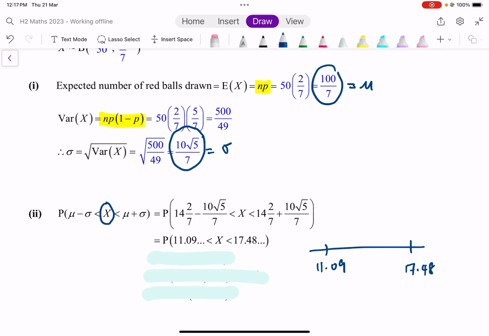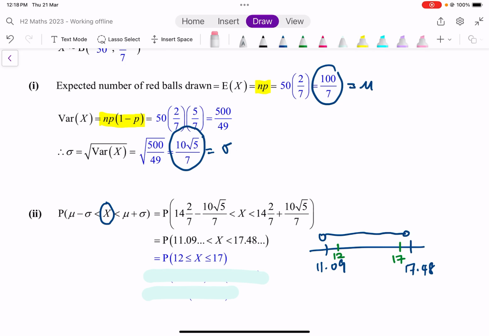If I'm between here and here, what will be the whole numbers that satisfy this interval? It has to be a whole number slightly bigger than 11.09, and a whole number slightly smaller than 17.48. So we will rewrite the inequality as X between 12 and 17, inclusive of the two ends.